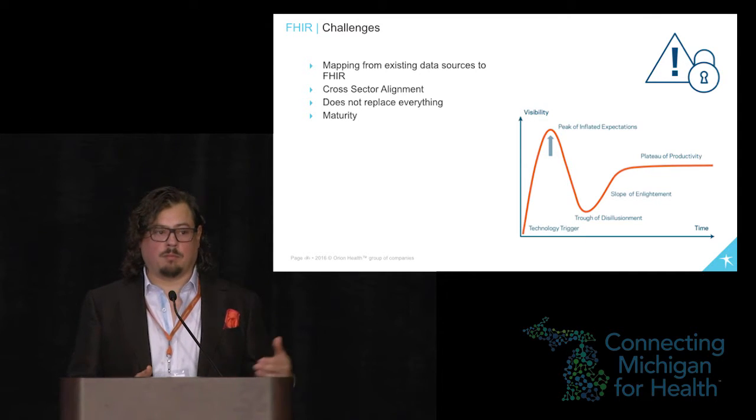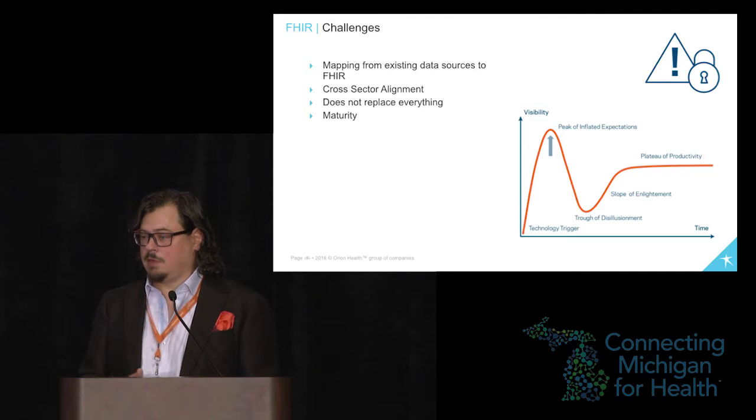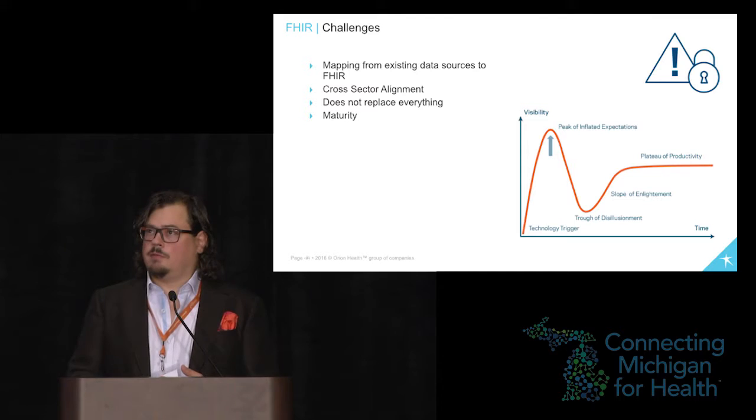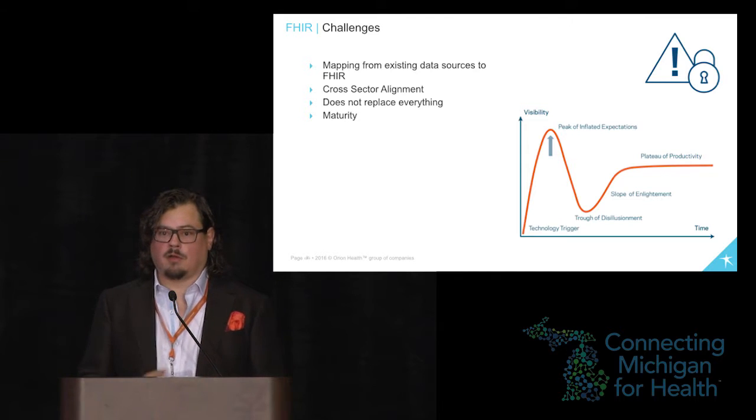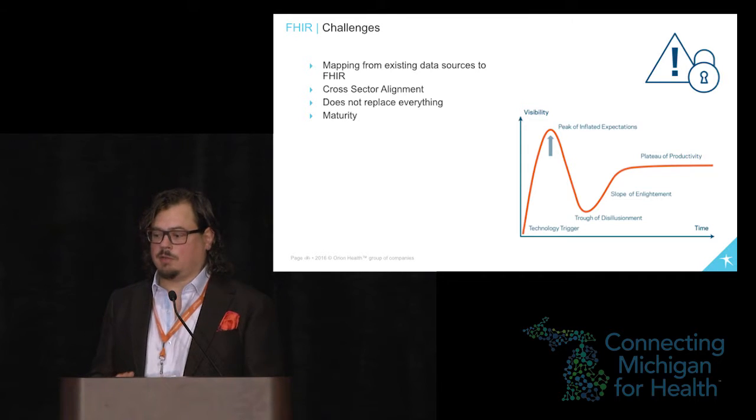How do I go from my X12 events to FHIR itself? And there's still a lot of disagreement across those different areas of, how do I structure this specifically? How do I want to describe this?